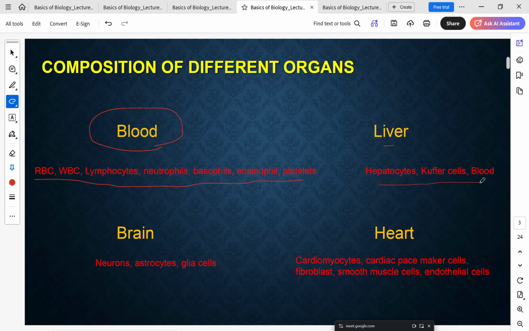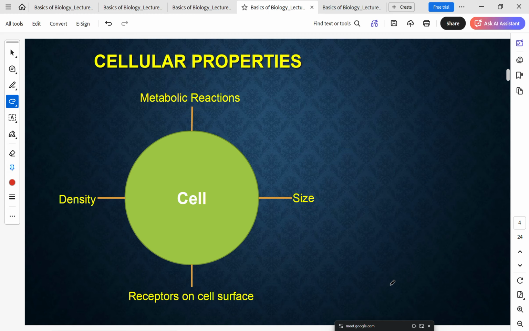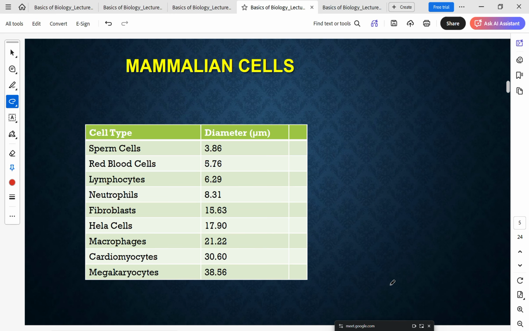Liver is made up of hepatocytes, Kupffer cells, and blood. Brain is made up of neurons, astrocytes, glial cells. Heart is made up of cardiomyocytes, cardiac pacemaker cells, smooth muscle cells, endothelial cells, etc. So the cell, depending on what metabolic reactions are going on, what the density is, what the size is, and what the receptors on the cell surface are, can go in different pathways.